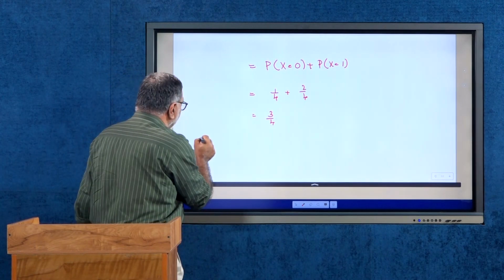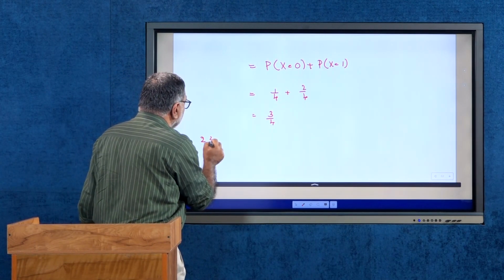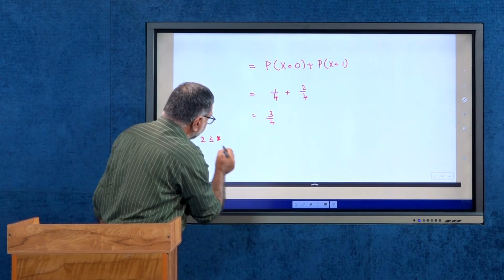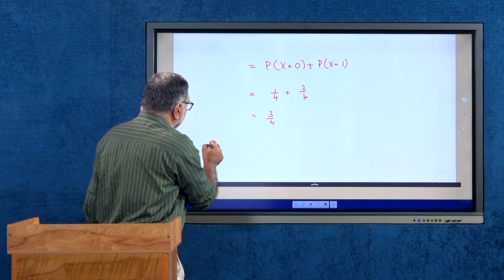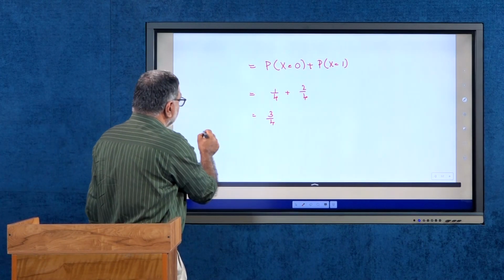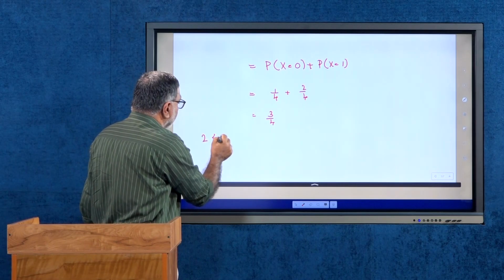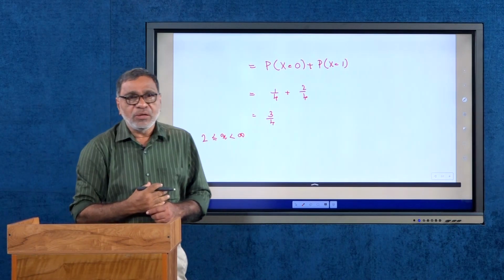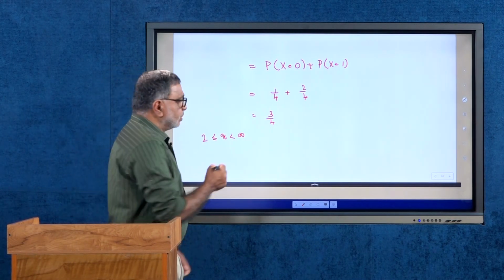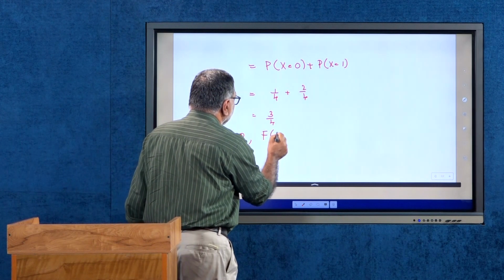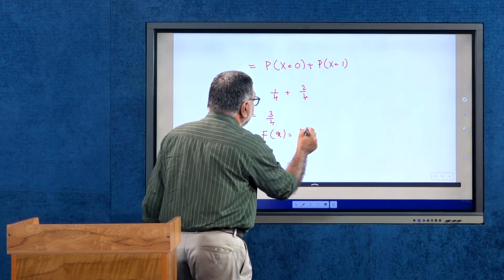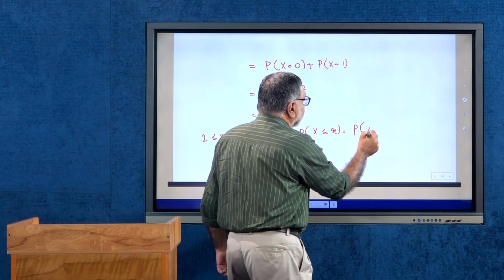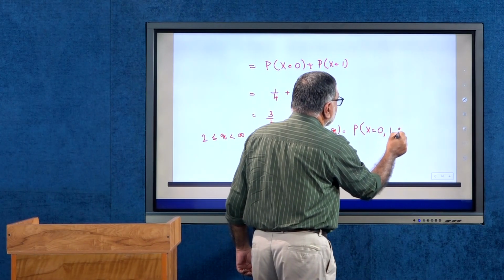Now consider 2 less than or equal to x. Suppose any value from 2 onwards, then f of x is the probability of X less than or equal to x, which is the probability of X equal to 0, 1 or 2.